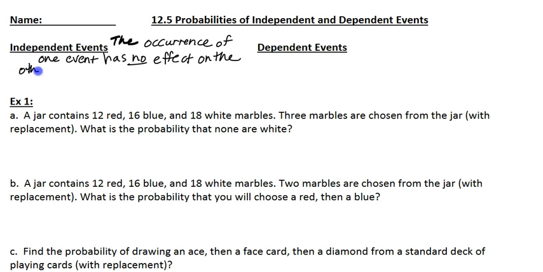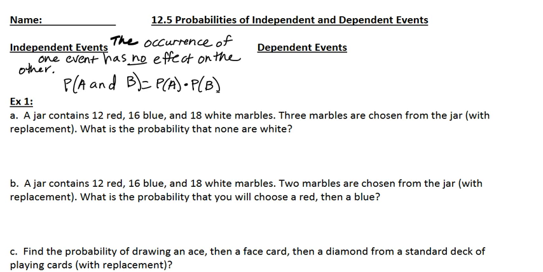So for example, if I flip a coin and I flip a coin again, the first coin flip has no effect on the outcome of the second coin flip. Here's how I say this in our formula format. The probability of A and B is the probability of A times the probability of B. So I multiply them together.